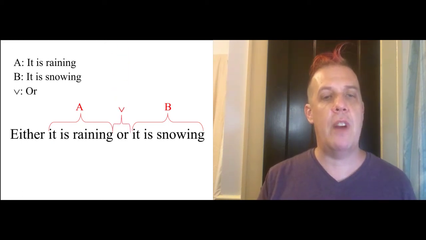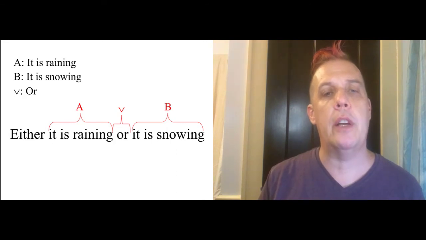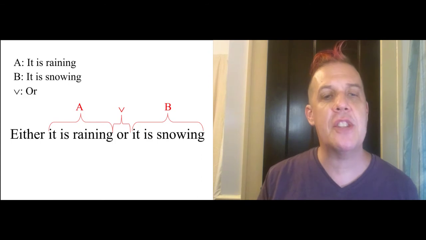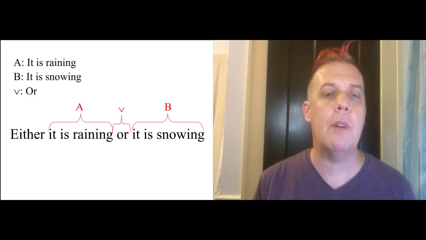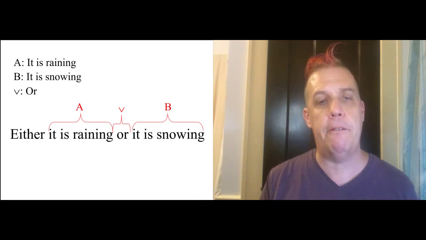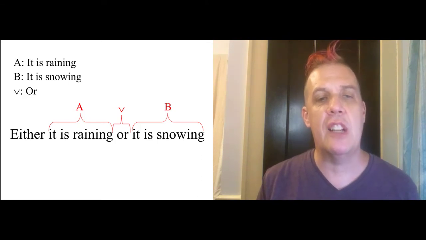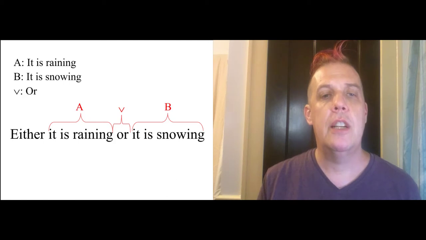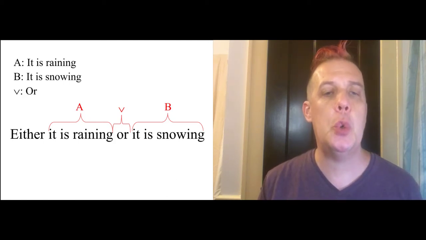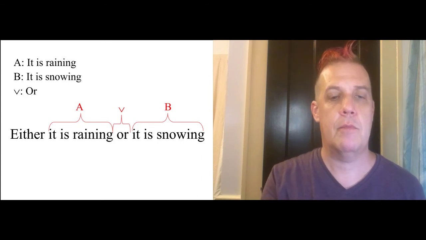Between the "it is raining" and the "it is snowing," there's the word "or." And this is going to be something that connects 2 statements. And we're going to represent the word "or" with this little V. We call it a disjunction symbol. It is what we call a sentential connective because it connects 2 statements.